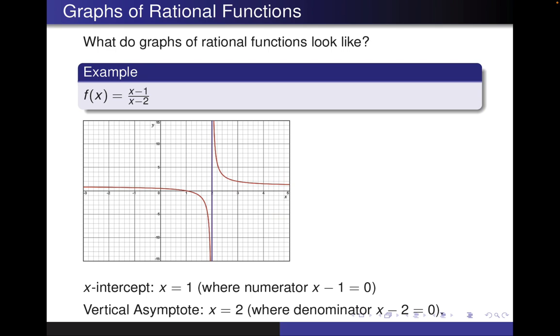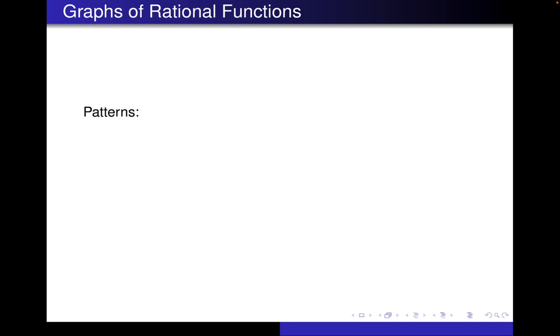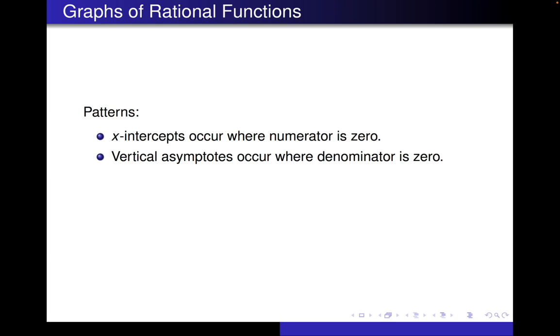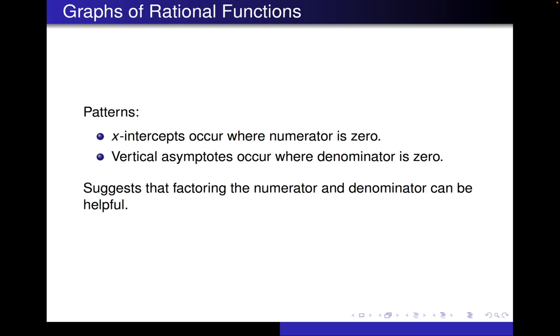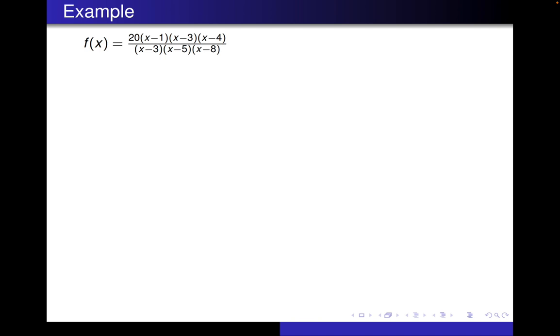Either a huge positive number if the numerator and denominator have the same sign, or a huge negative number if they have different signs. So here's a pattern we might see: the x-intercepts seem to occur where the numerator is 0, and the vertical asymptotes seem to occur where the denominator is 0. Let's see if these patterns continue if we make the rational function a little more complicated. One thing it does suggest is that factoring the numerator and denominator helps us understand the function a little better.